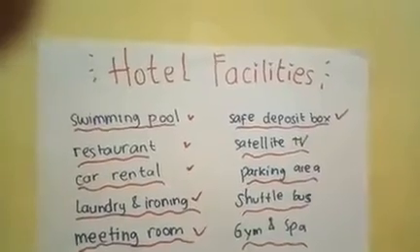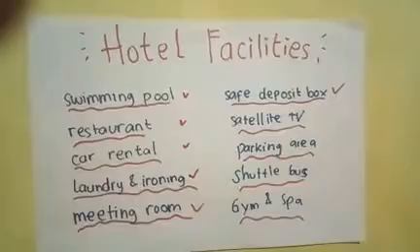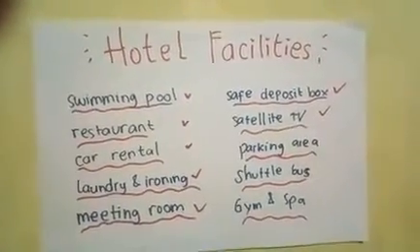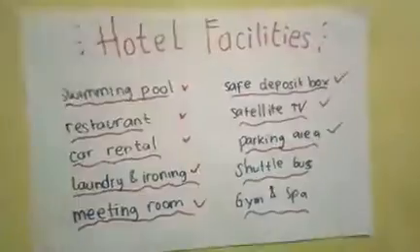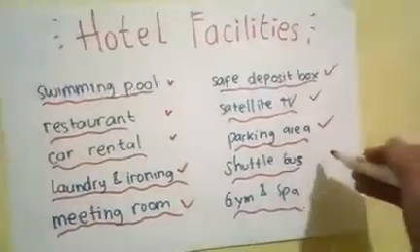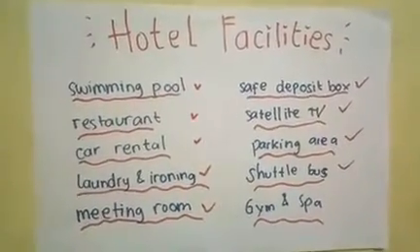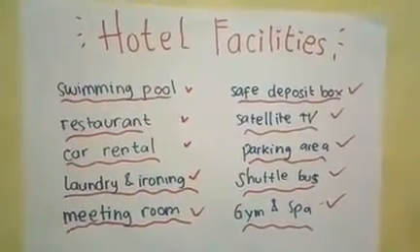Misalnya kalian mau nyimpan emas atau uang selagi menginap di hotel. Next, satellite TV. Usually there is satellite TV in your room. Parking area, area parkir. Shuttle bus, bus penjemputan. Gym and spa, jasa menyediakan tempat gym dan spa.